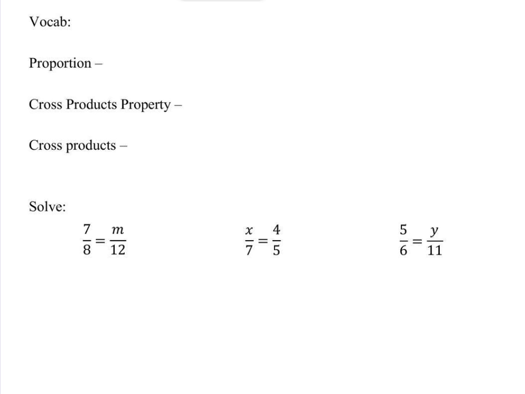It is an equation sometimes, but it doesn't have to be. What are equal? So we're going to use an equal sign to show that, right? But what is on the two sides of the equal sign? 2 ratios. So a proportion is a comparison of 2 ratios that are equal.